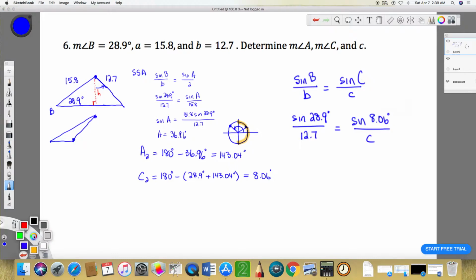So let's take the cross product. When I multiply along that gold diagonal there, I get 12.7 times the sine of 8.06. When I multiply along the green diagonal, I have C times the sine, but then I'm going to turn around and divide by that sine, so I get the C by itself.